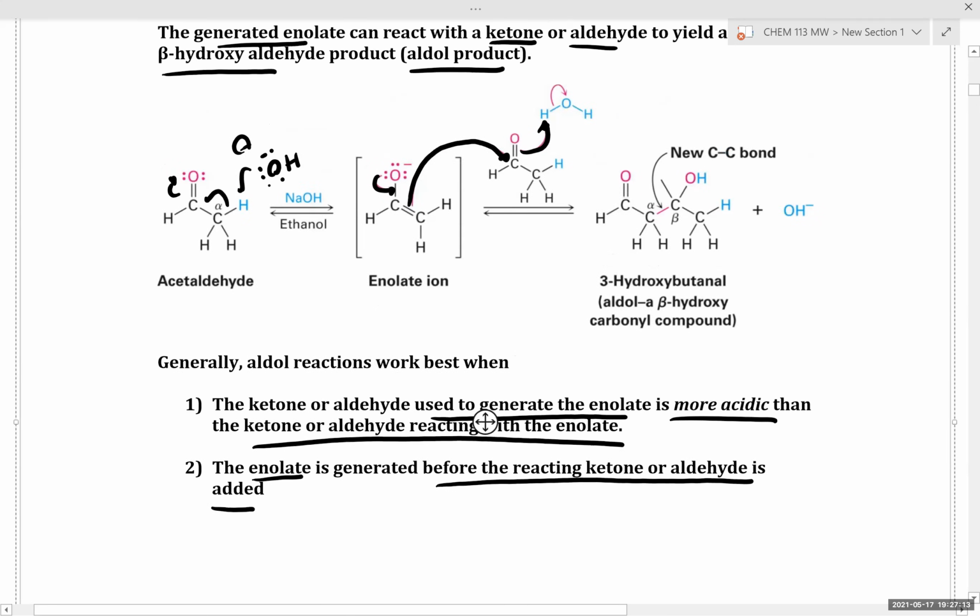So in the classic aldol reaction, you generate an enolate and that enolate attacks the carbonyl of either a ketone or an aldehyde. This forms a carbon-carbon bond and makes a beta hydroxy carbonyl compound. Does the general scheme for the aldol reaction make sense?